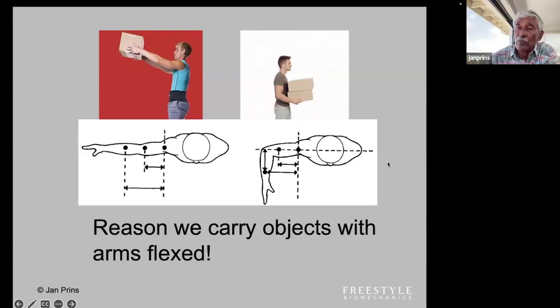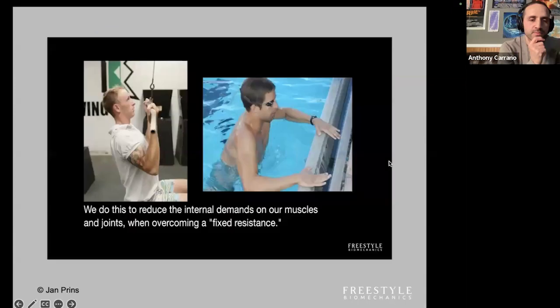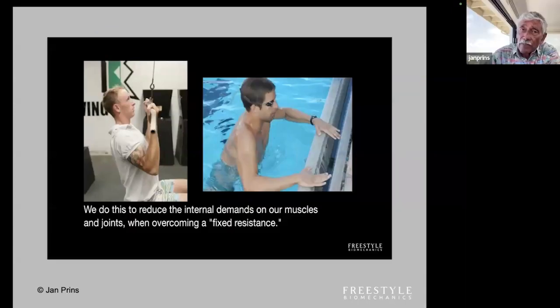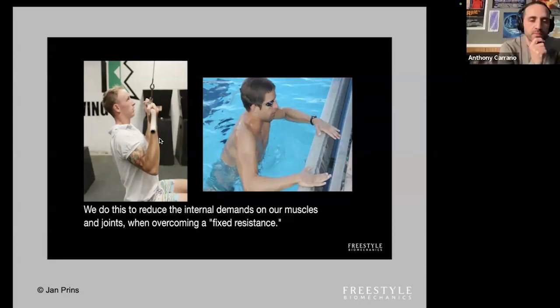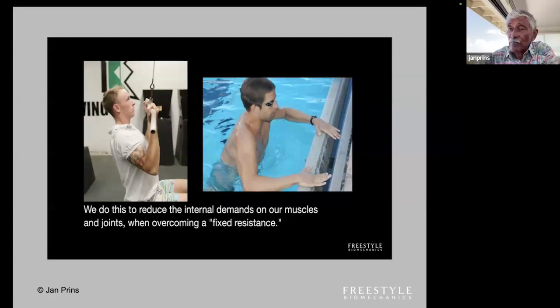That's an injury prevention piece. Correct. Pulling a weight, why are we bending our elbows? Because a lot of the internal torque has to be lessened. We ask kids to get out of the pool, and they bend their elbows and hoist themselves out of the pool.